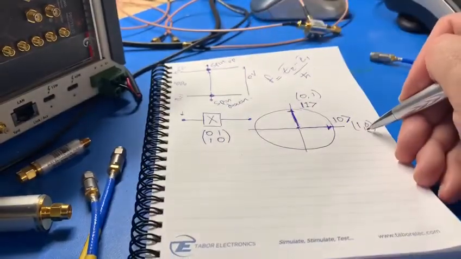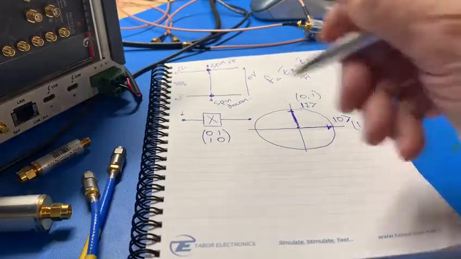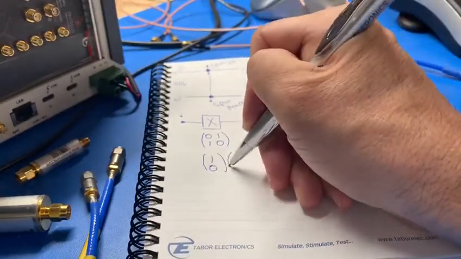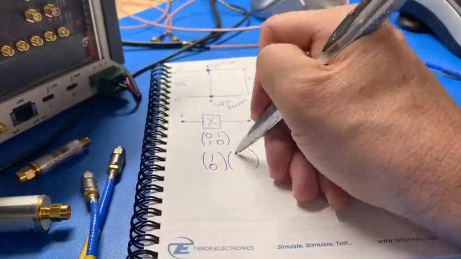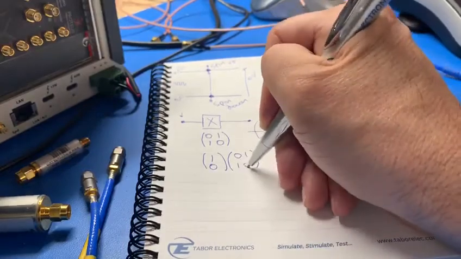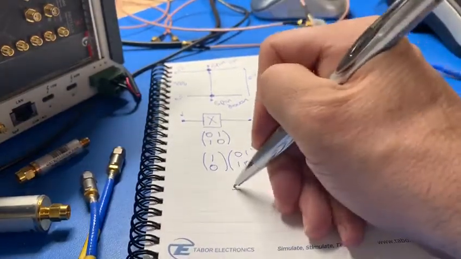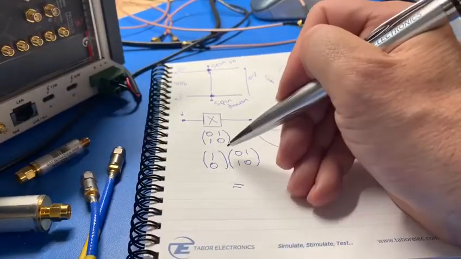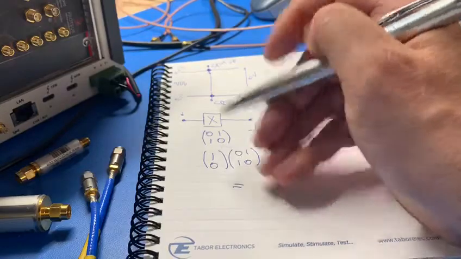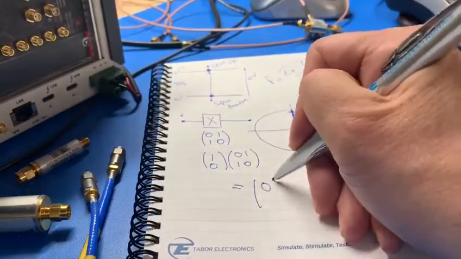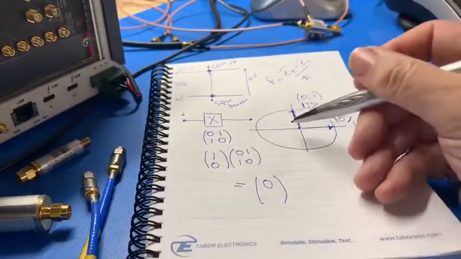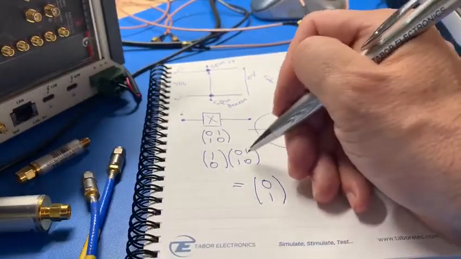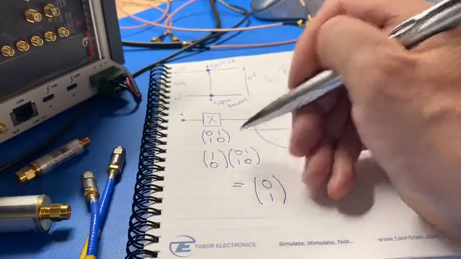If we have our ground state represented by 1, 0, and we do our matrix operation on that, we get 0 times 1 is 0, 1 times 0 is 0, and then 1 times 1 is 1, plus 0 times 0 is 0.